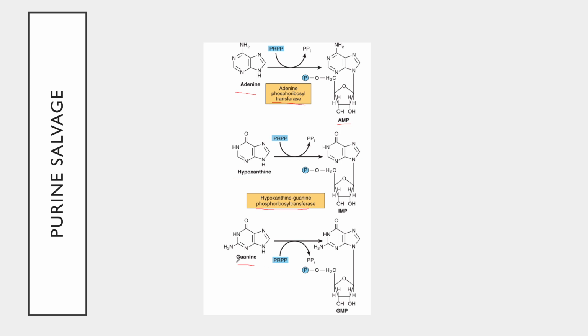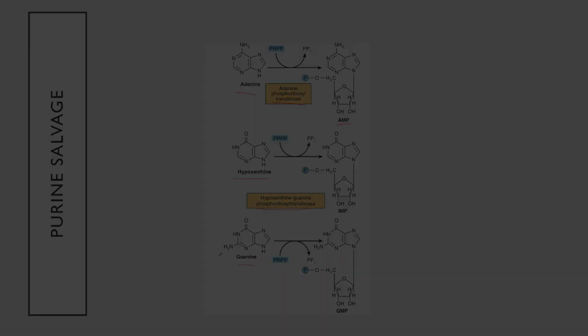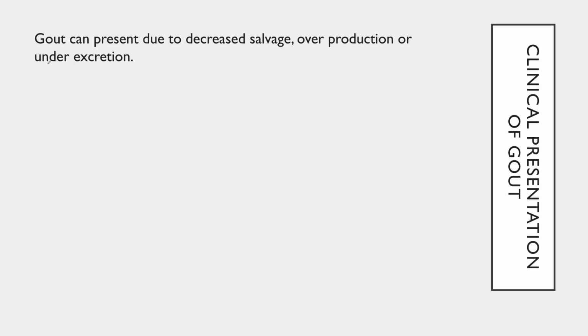And what we'll see is that deficiencies in these reactions can result in the clinical presentation of gout or other clinically relevant symptoms. So we're going to finish this by looking at several scenarios which can result in the presentation of gout or hyperuricemia.